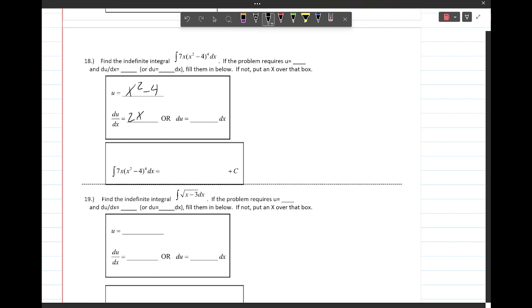Mean squared, 2x, 2x. Okay. Anyway, 2x. So yeah, we don't do that.